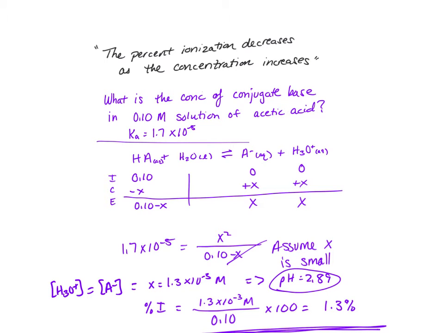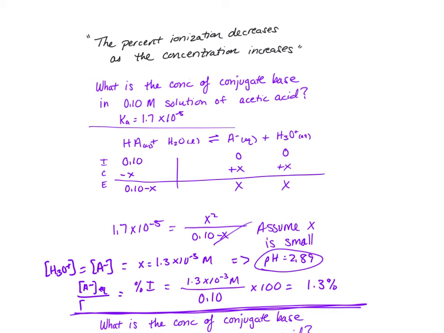And we can also find the percent ionization, where this is the concentration of A minus at equilibrium over the initial concentration of weak acid. So 1.3 times 10 to the minus 3 divided by 0.1 times 100 to get the percent, we get 1.3%.